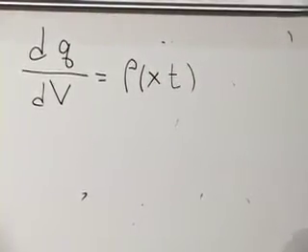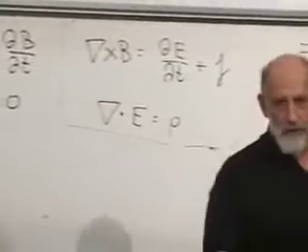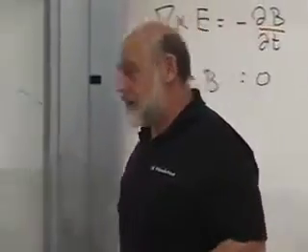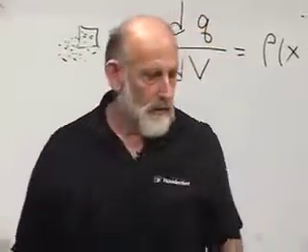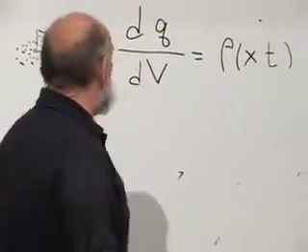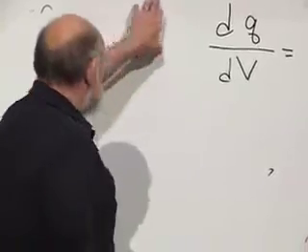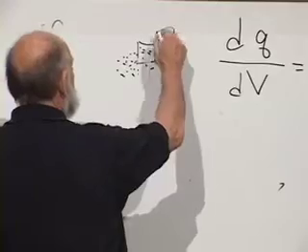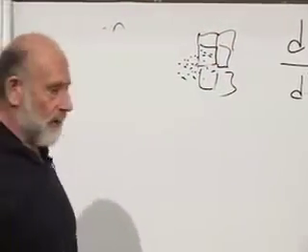Now, it can't depend in any old way. There is a rule in nature, and it's called the conservation of charge. The total amount of charge in the world must not change. So what is the total amount of charge in the whole world? You add up all of the charges in each little cell of space. You add it all up, and that becomes an integral.